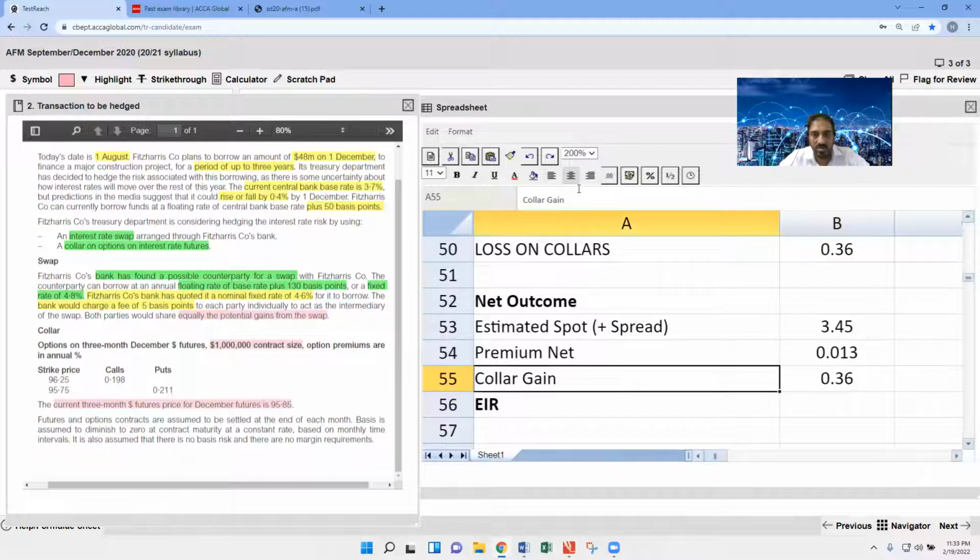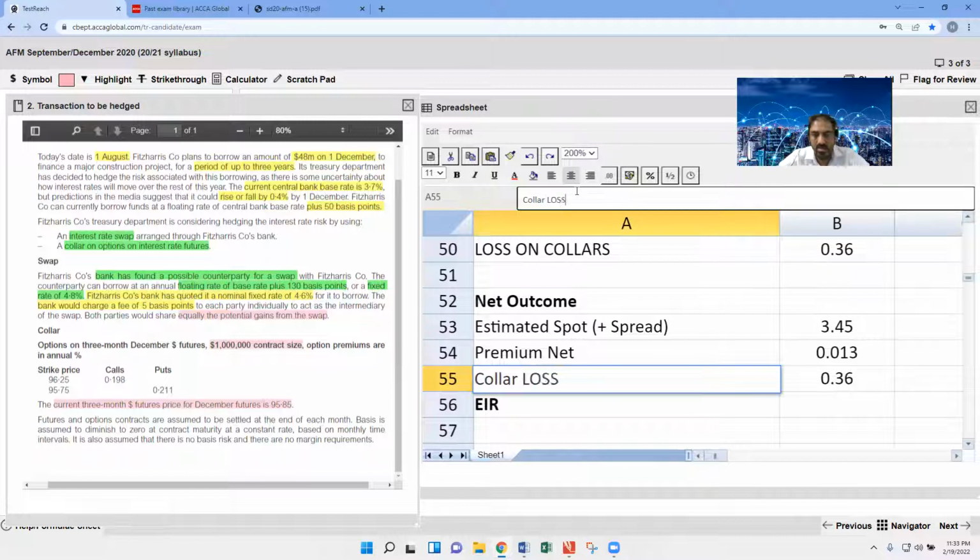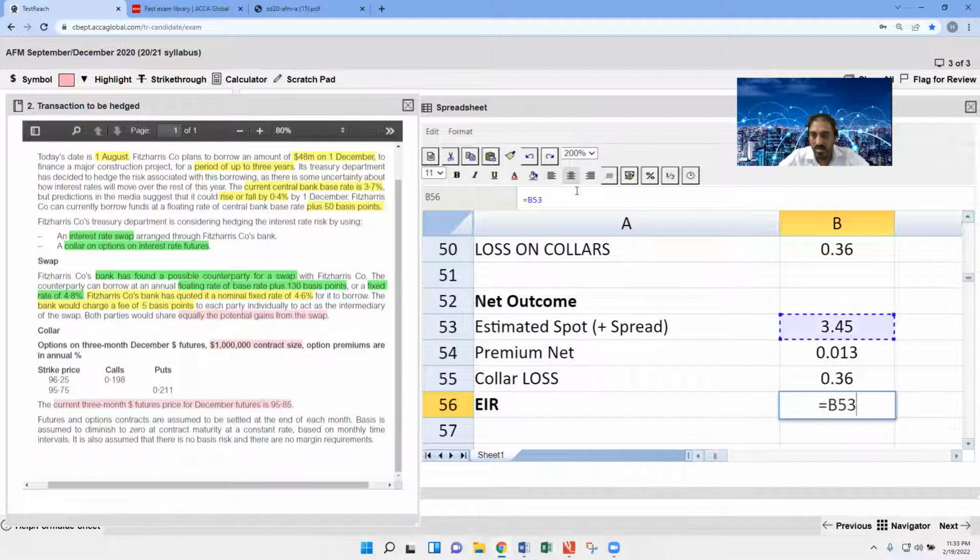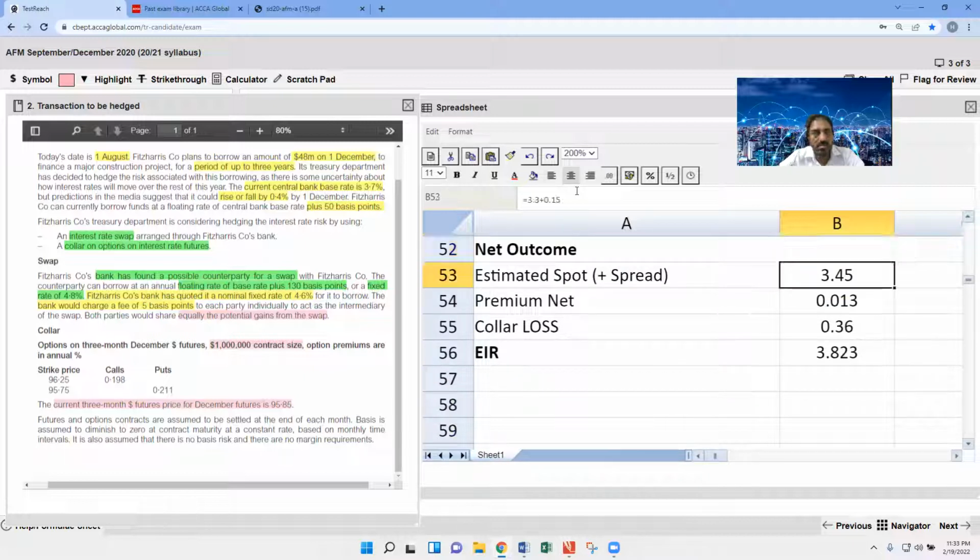That's called a loss. So it is 3.3 plus 0.5, okay, 4.713.